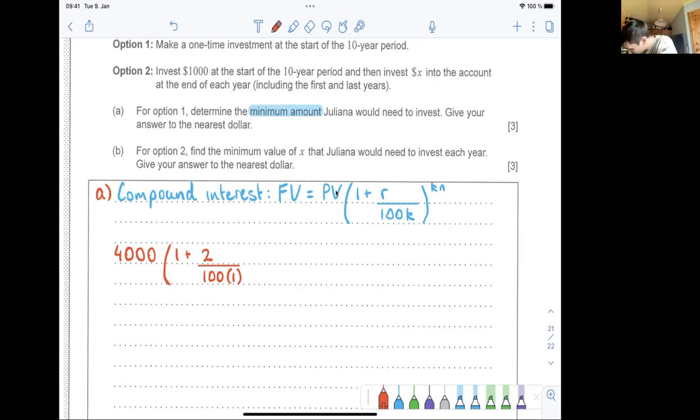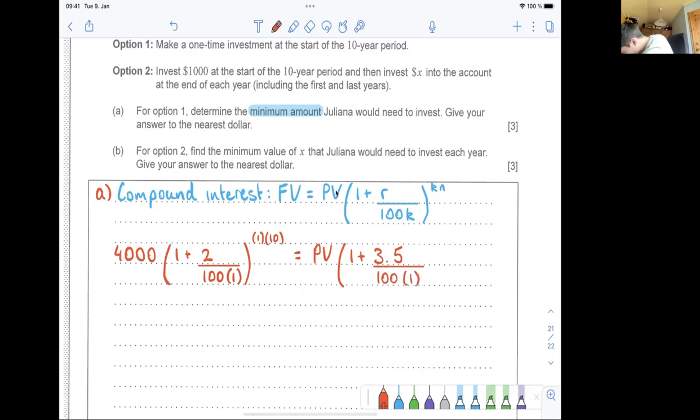So that's why I'm going to be quite pedantic here and put everything in. And then this is going to be raised to the power of 1 multiplied by 10. Okay, so just basically 10. And this is going to equal the present value, which we're trying to find, multiplied by our annual interest rate in the bank account where she's investing the money, which is 1 plus the interest rate of 3.5 divided by 100.